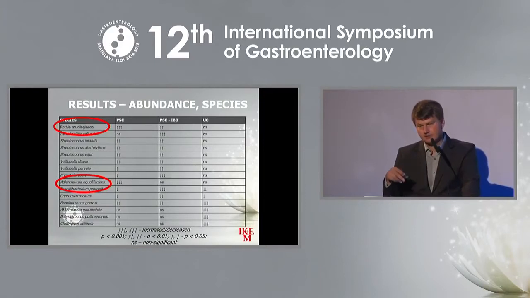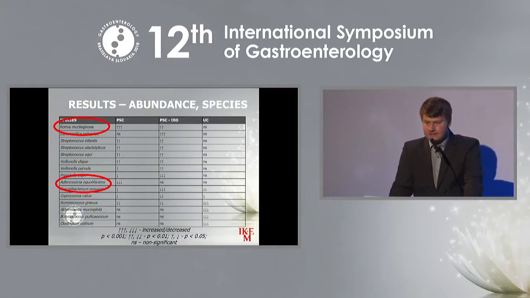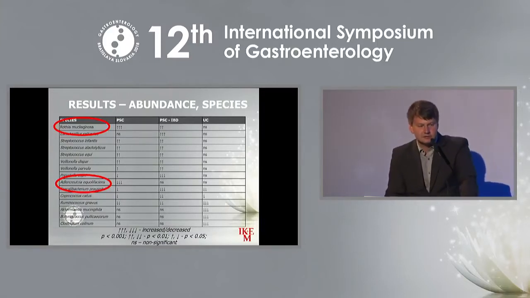And this is interesting because each study regarding the microbiota composition had quite different methods, but still we were able to replicate some results regarding Veillonella and Streptococcus. What was the new finding was the very specific high abundance of Rothia in PSC patients, which was interestingly independent of inflammatory bowel disease.